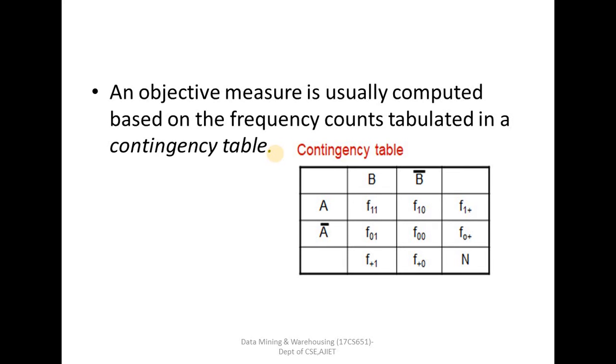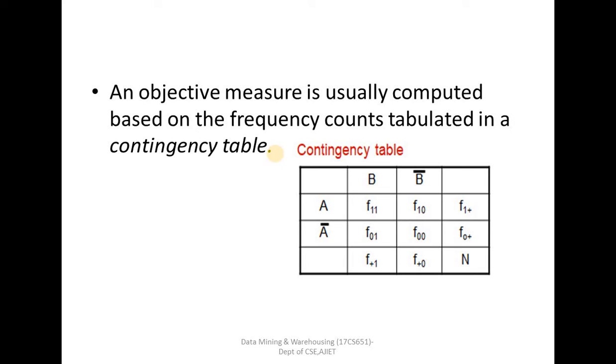This is the contingency table representing a pair of binary valued variables A and B as shown. We use the notation A dash and B dash to indicate that A and B are absent from a transaction.